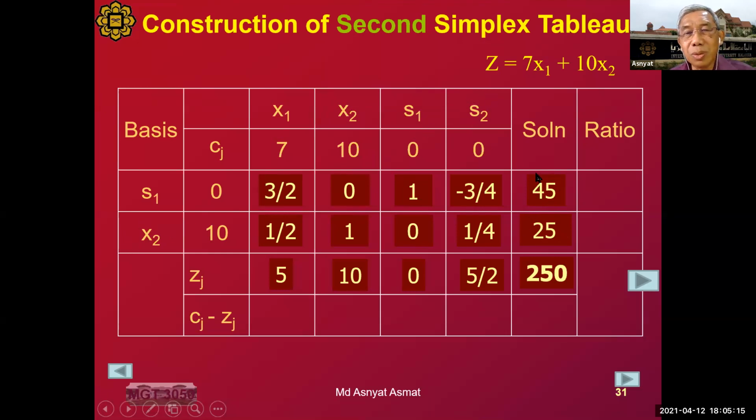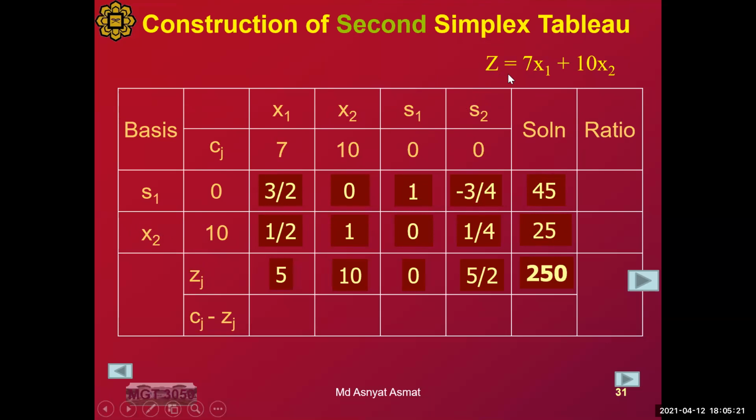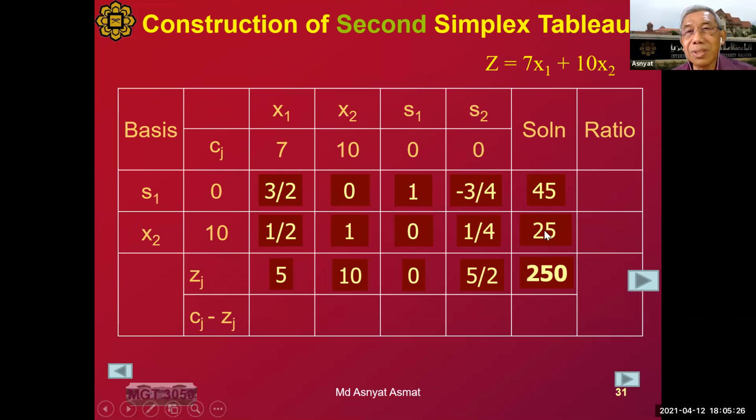So S2, 45. Where's the value of the profit now? Z, 250. You substitute X1 is 0, X2 is 25, you get 250. So this is the solution for the second round.